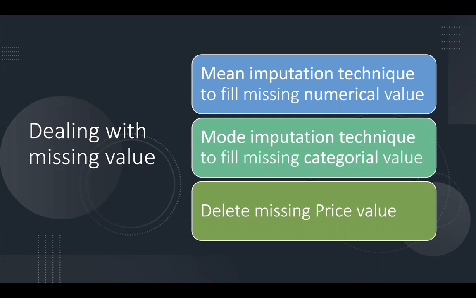So we decided to use the mean imputation technique to fill the missing values for the numerical values, and then we use the mode imputation technique to fill the missing values for the categorical values. We also decided to delete missing values for the price feature because it doesn't make sense to impute the missing values for the label that we want to predict.